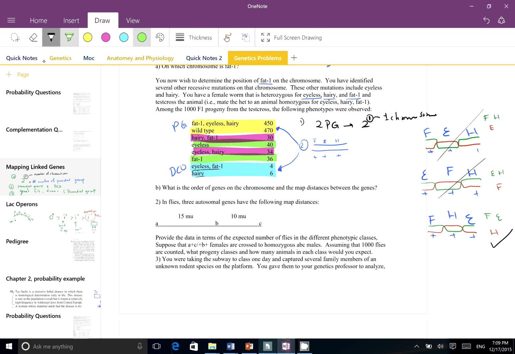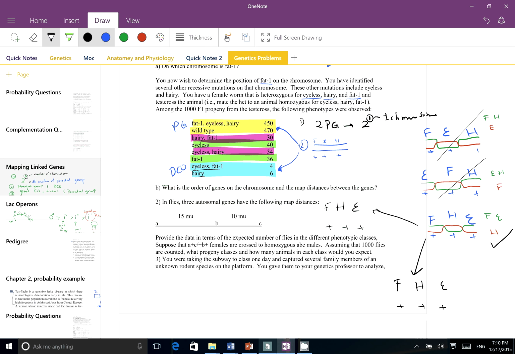Because let's do the crossovers together. So now I figured out the order, right? Let me do a single crossover for each one. So I know it's fat, hairy, and eyeless with the wild type.